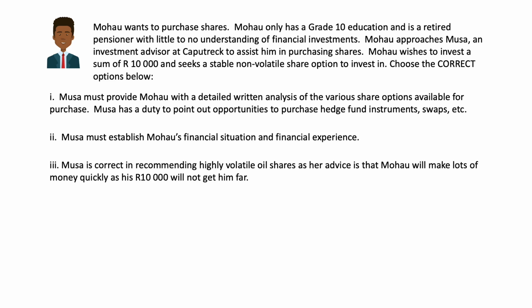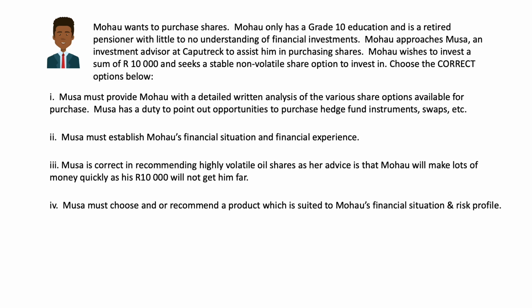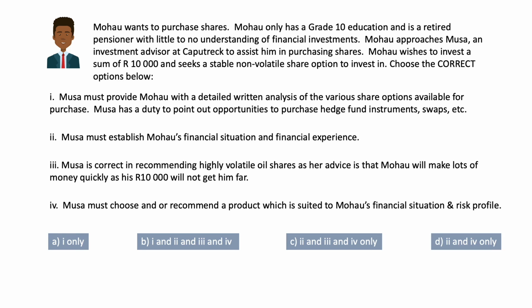Musa is correct in recommending highly volatile oil shares, as her advice is that Mohau will make loads of money quickly, as his 10,000 Rand will not get him far. 4. Musa must choose and or recommend a product which is suited to Mohau's financial situation and risk profile. Choose between option A, B, C, and D.